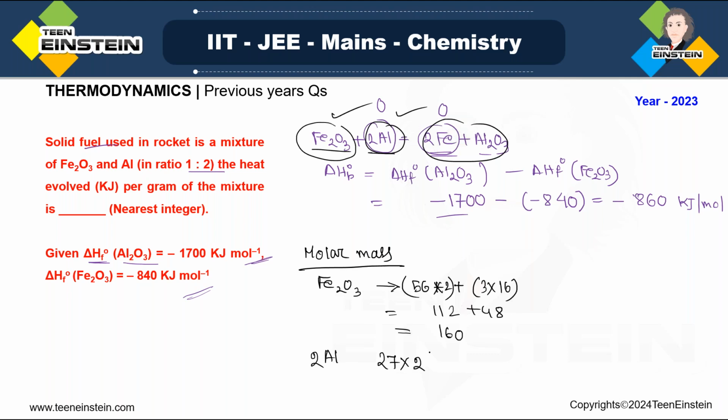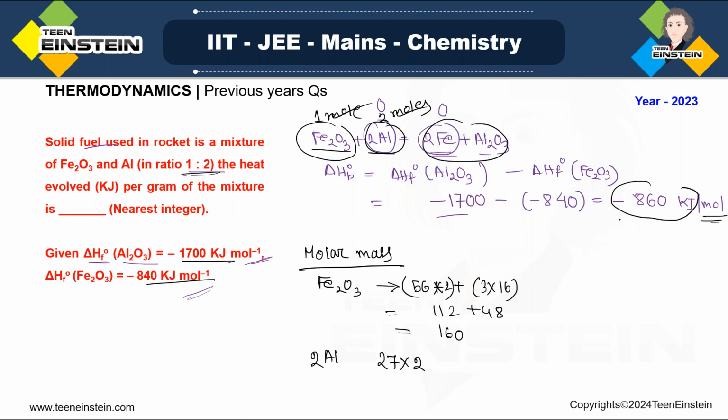For 2Al we will find it, because in the mixture we have already considered the ratio 1:2. Exact amount is not given, only the ratio. But if you consider 1 mole of Fe2O3 present and 2 moles of aluminium, that is fine, because the del H value that we obtained finally is also only for 1 mole.